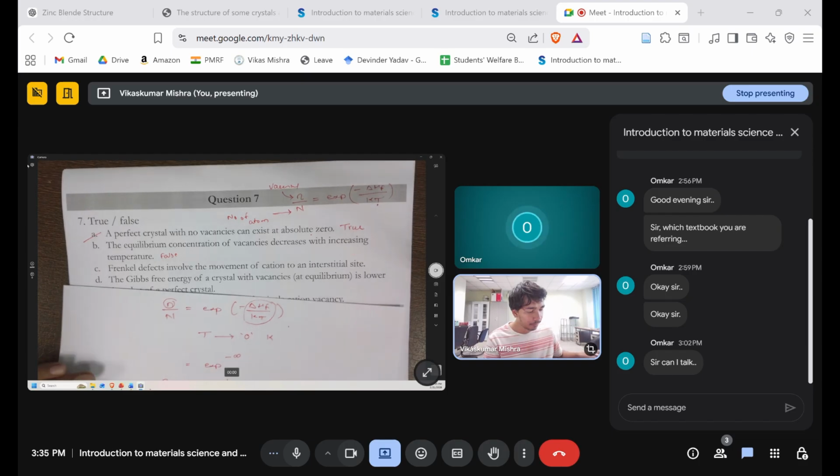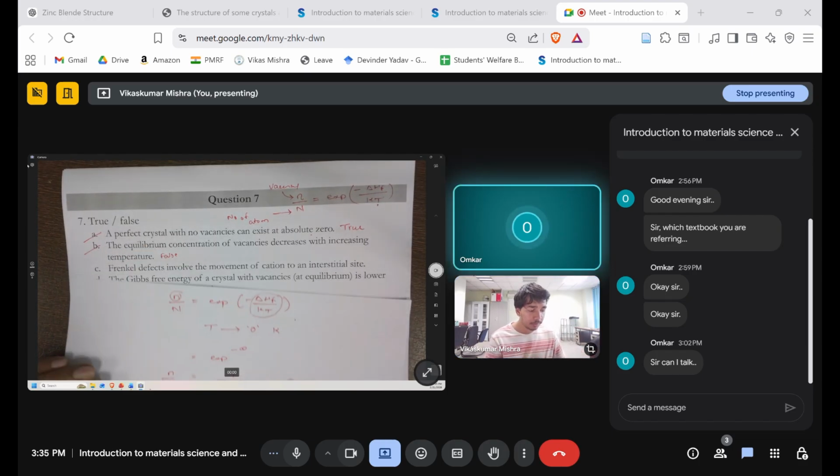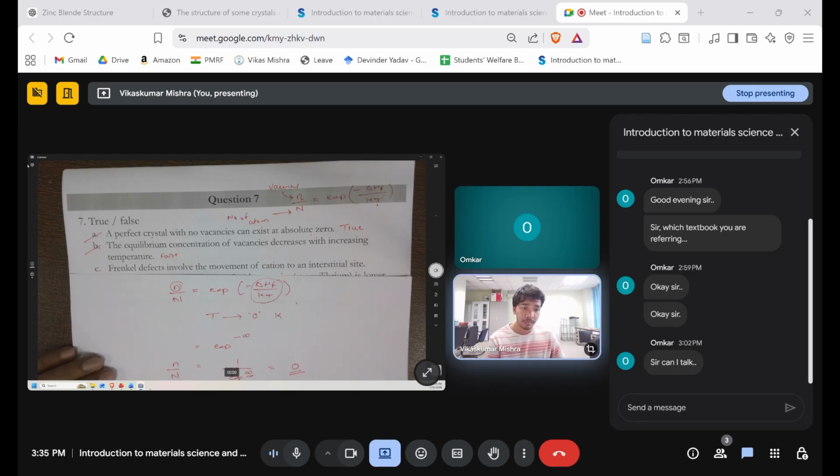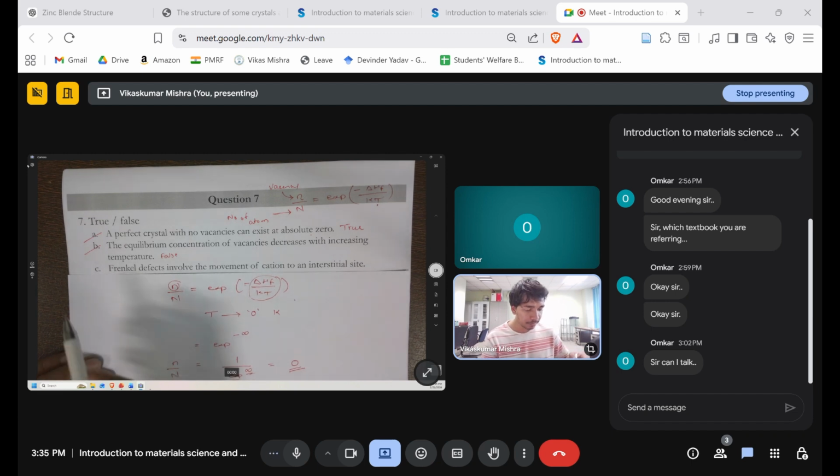So this is false. Sir, in all the defects, increasing the temperature will result in increasing the vacancy, right? Yeah, in all of them. Whether it's a metal or a ceramic or anything, a temperature increase will lead to an increase in the concentration of the defects. Again, we are talking about point defects.